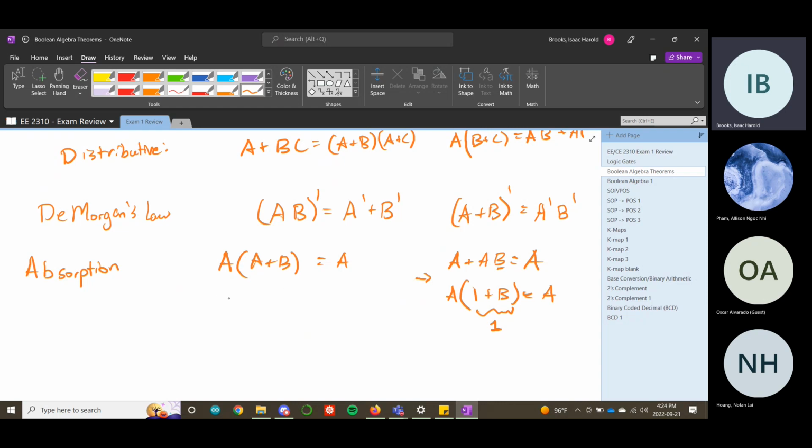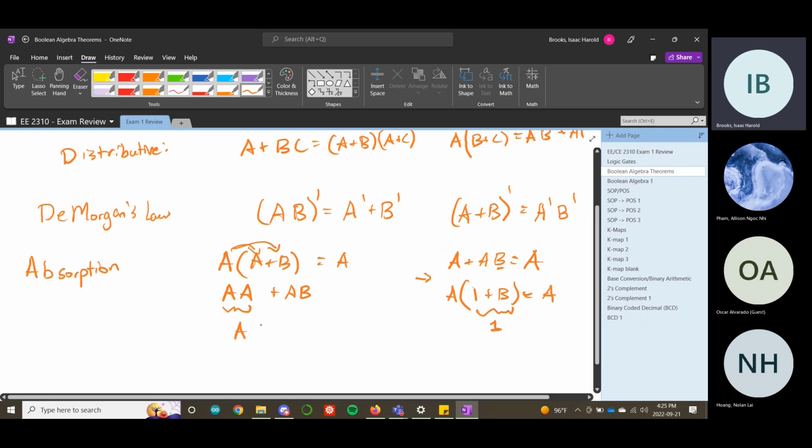If we distribute out this A on this side, we get A and A, or A and B. A and A is just A, and that's the idempotent property. So this is just A.